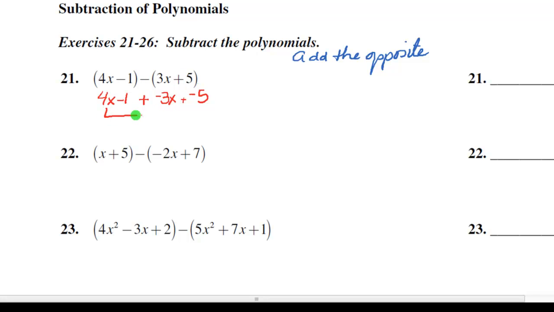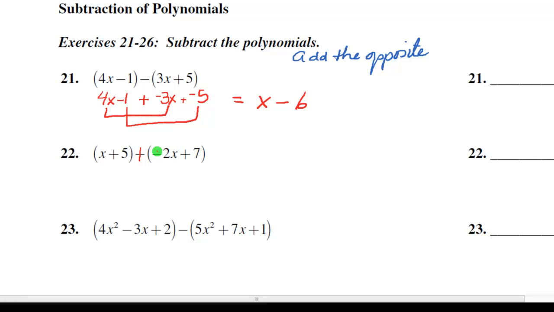And now we are going to add like terms. 4x added to a negative 3x is 1x. And negative 1 added to a negative 5 is negative 6. And we write minus 6 because that means the same thing as add a negative 6. So x minus 6 is the answer. Let's go to the next one. Again, we're going to change this subtraction to a positive, but now we have to change these to the opposite.